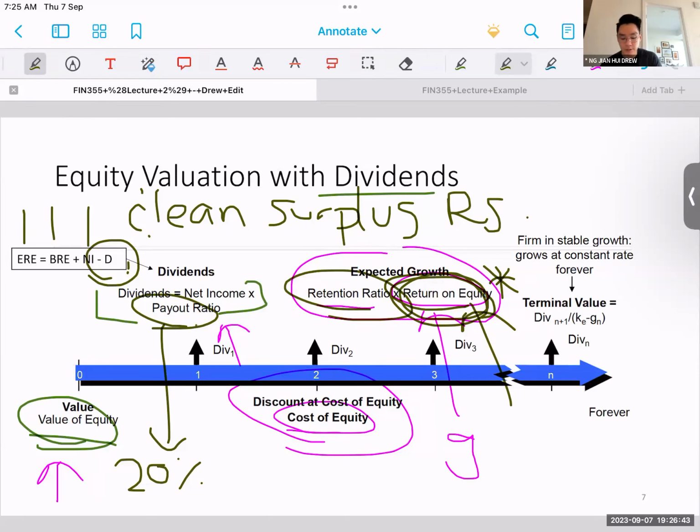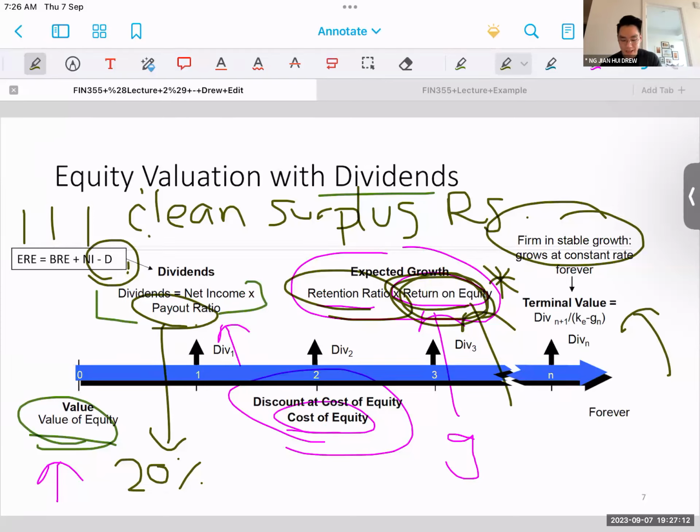Last but not least, we need to determine the terminal value. And when determining a terminal value, in almost all cases, we assume that the firm will grow at a stable rate, meaning that the firm is on a stable trajectory upwards. And so we generally use the growing perpetuity formula. That's where your skills in time value of money are important.